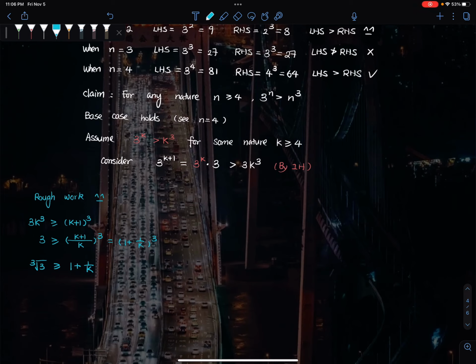I know my k is greater than or equal to 4, so that's what I want to reach. So I'm going to move 1 to the other side.